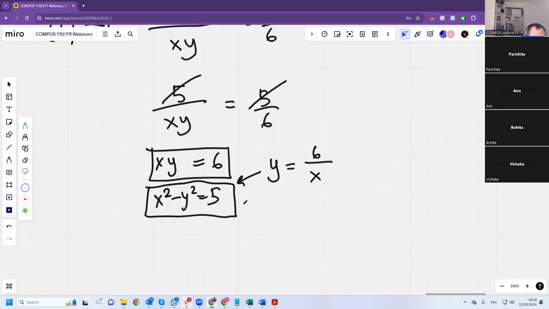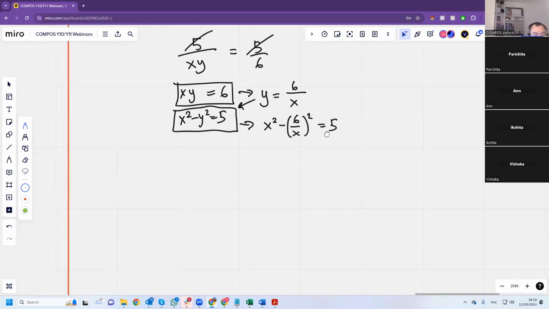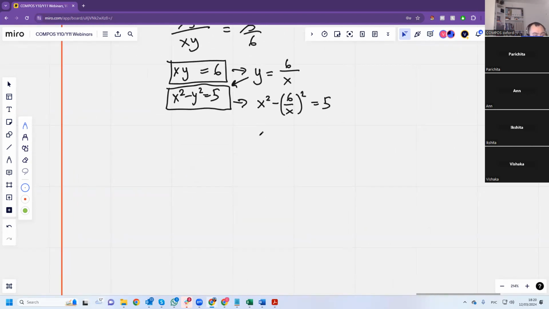So that goes in, and what I get is x squared minus (6 over x) squared equals 5. Okay, so I'll open the brackets. x squared minus 36 over x squared equals 5.